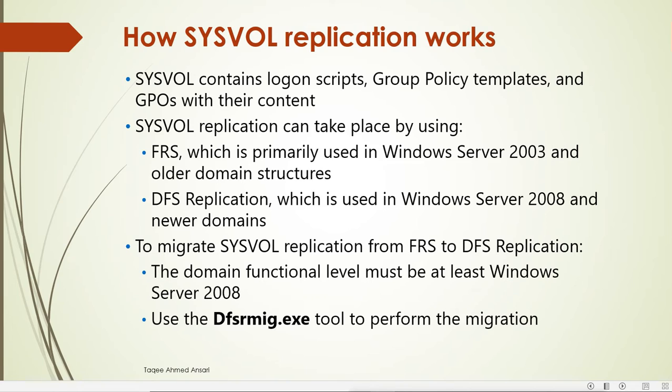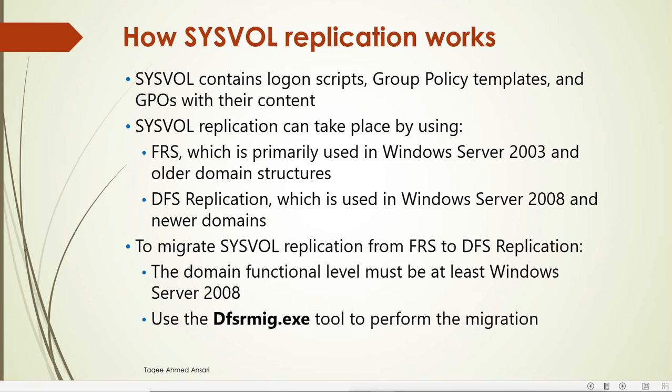Now to migrate sysvol replication from FRS to DFS replication, the domain functional level must be at least Windows Server 2008. So if you are using FRS, that means you are using Windows Server 2003 and you want to upgrade, you have to first increase the domain functional level and forest functional level, and then you can use the dfsrmig migration tool to perform the migration from FRS to DFS.